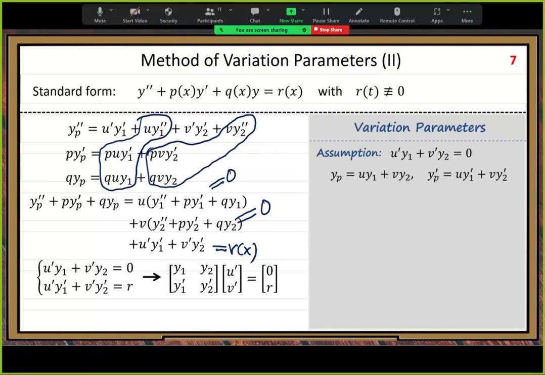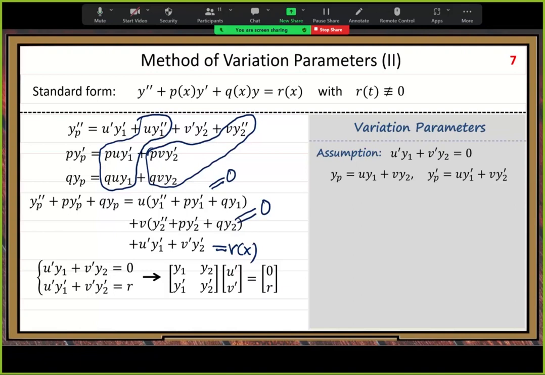How do we solve it? We multiply both sides by the inverse matrix. Do you know how to find that inverse? There is a formula, and it must be symbolic, not numeric, because we have symbols here.